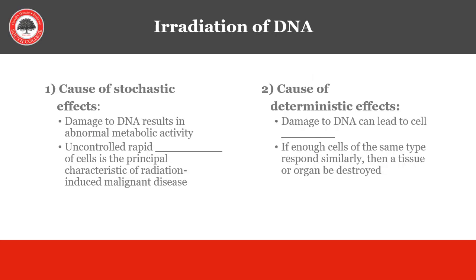The cause of stochastic effects, which could be cancer, is damage to DNA that results in abnormal metabolic activity. That means uncontrolled rapid proliferation of cells is the principal characteristic of radiation-induced malignant disease.